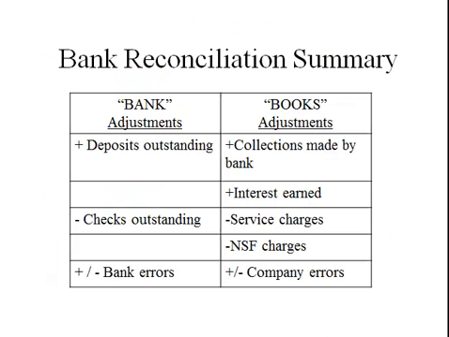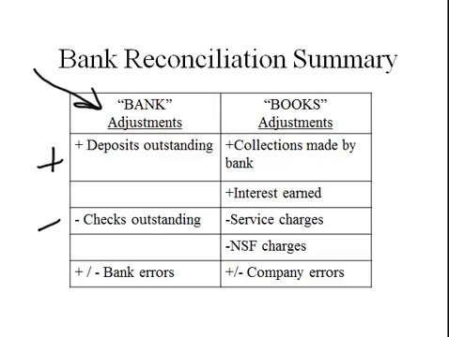So in summary, our bank reconciliation will require 2 categories of adjustments. One are adjustments to the bank balance. Those include increases for deposits outstanding and decreases for checks outstanding. These represent items that we know about at the company level and have accounted for in our general ledger.